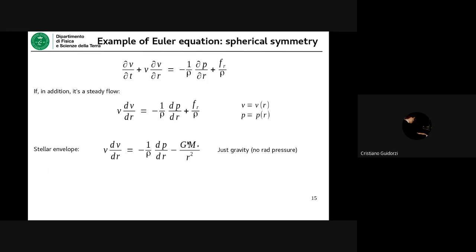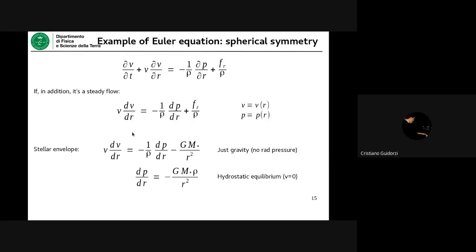So in the case of gravity and spherical symmetry, you know very well that because of Gauss's theorem, this is just minus G M star, where M star is the mass contained within a sphere of radius r, over r squared. It should be rho times this, because it's force per unit volume. But this is over rho, so just rho cancels out.